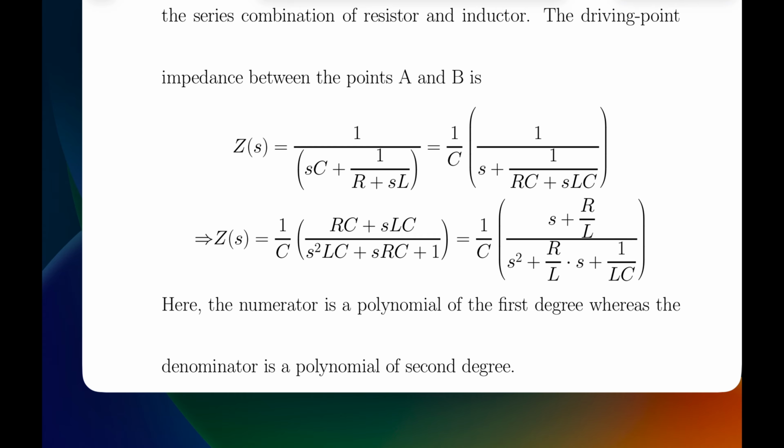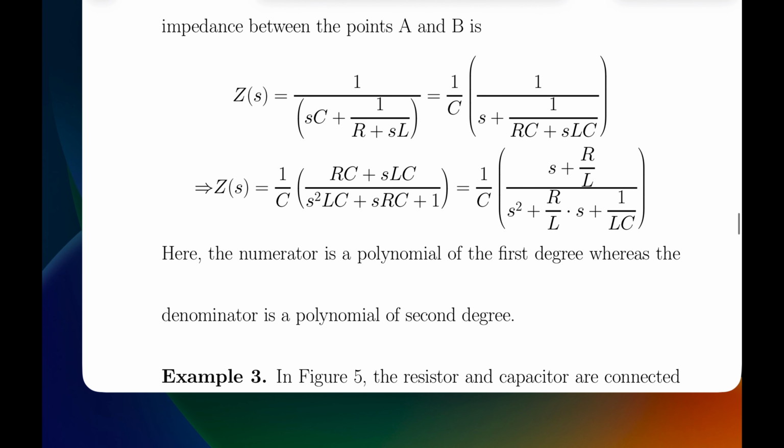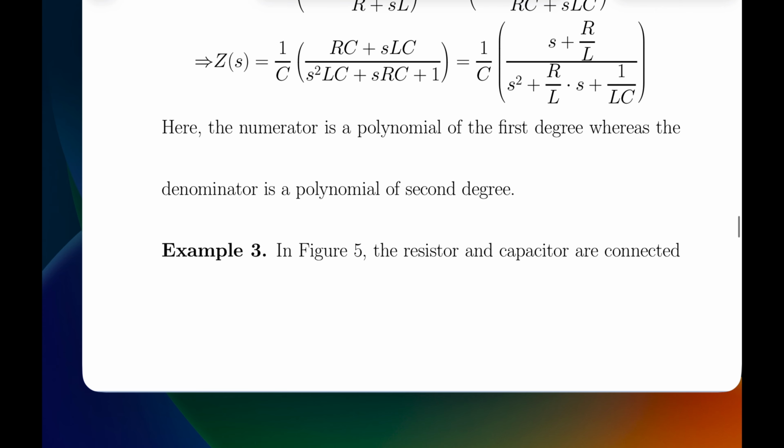Here again we see that Z(s) is a ratio of two polynomials. The numerator is a polynomial in s of first degree, whereas the denominator is a polynomial in s of second degree.